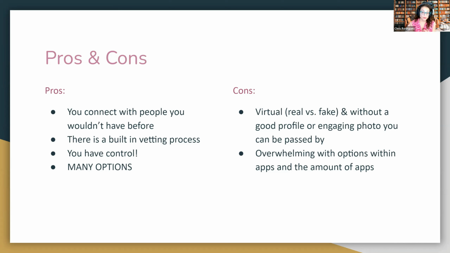So you have to make sure your profile is engaging and your photo is engaging, because otherwise you might not wind up connecting with the type of people you want to connect with. And back to the many options, it can actually be a con because it's so overwhelming. You will see people from here, there, everywhere.